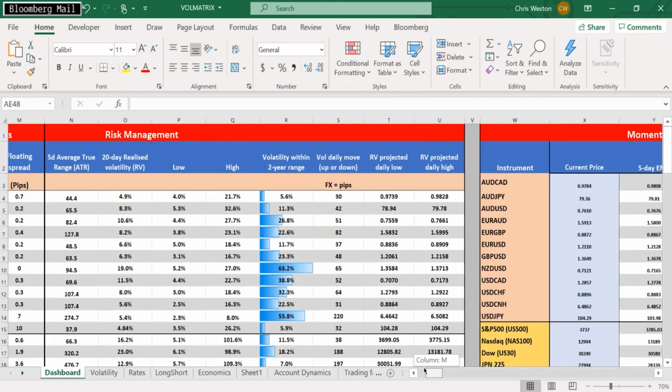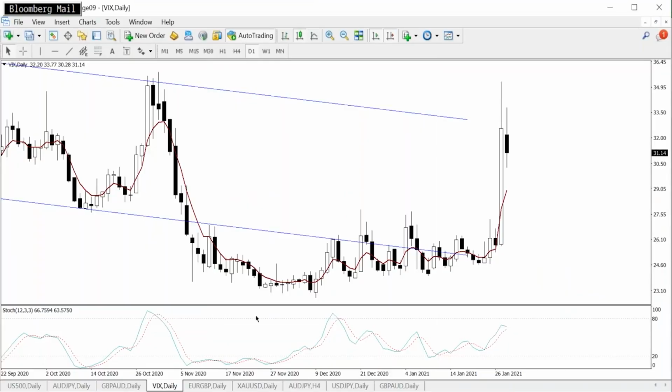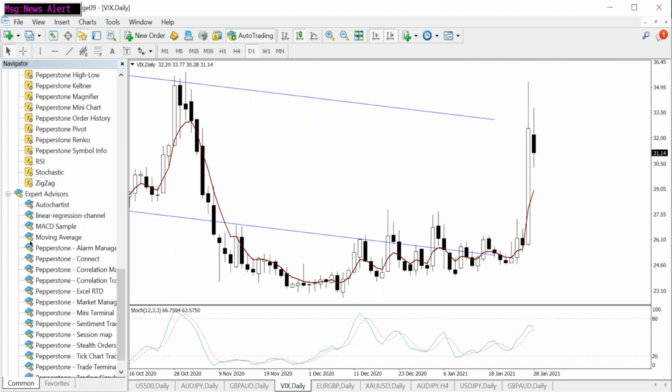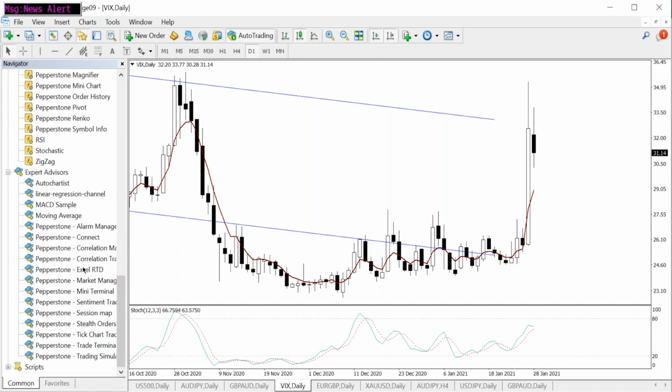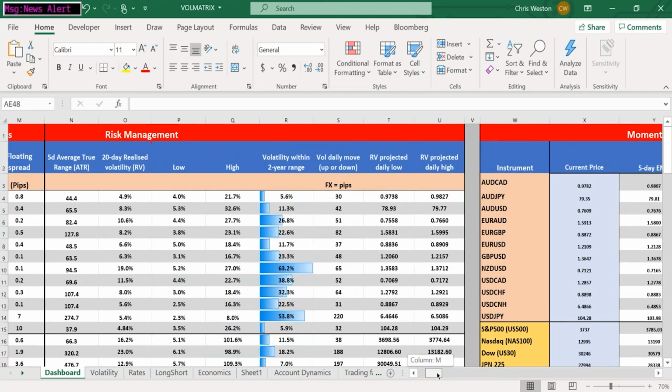The first thing I want to look at is I've pulled all of these numbers from MT4 through a smart trader tool called XLRTD, which you can find here. If I just dump that onto the chart, I can effectively sync with Excel, and I've created this spreadsheet.